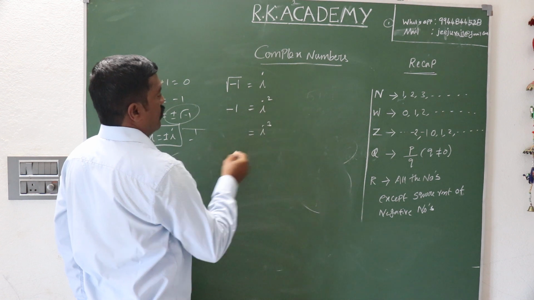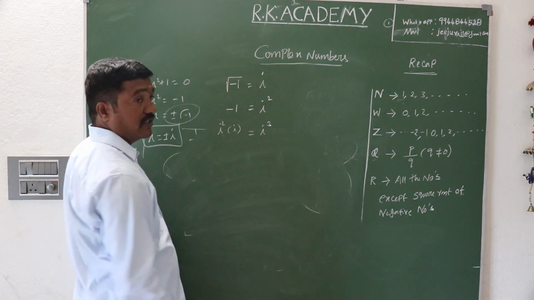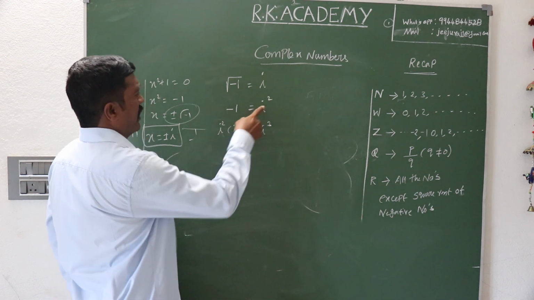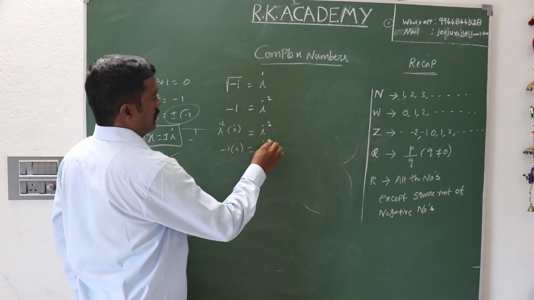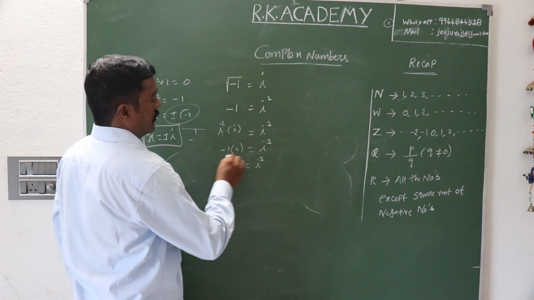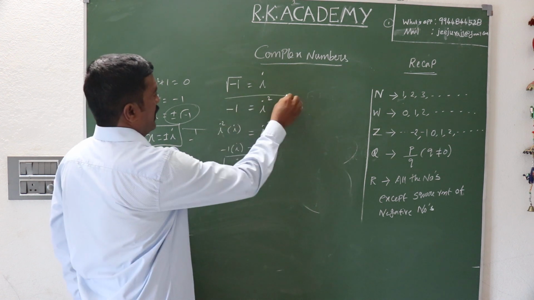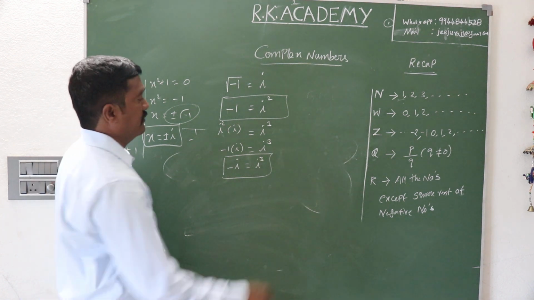How to write i cube? i cube is i square into i, and i square is minus 1, so i cube is minus i. So i square is equal to minus 1 and i cube is equal to minus i.